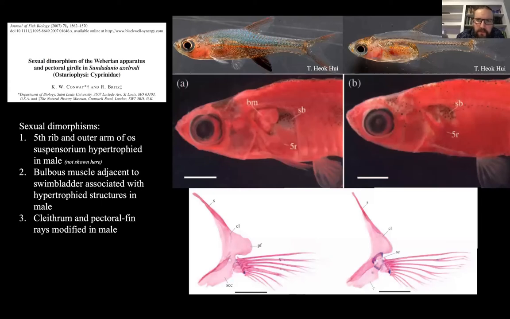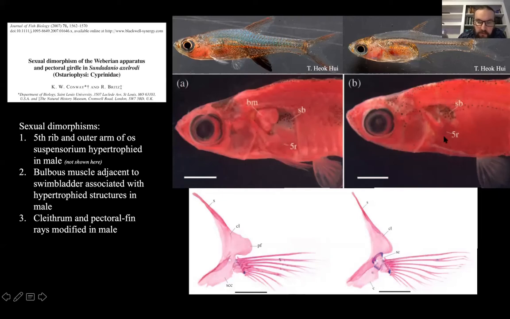And one interesting detail about Sundadanio that we discovered over the years is that there's also sexual dimorphism, internal sexual dimorphism of the hypaxial musculature. This is a male and this is a female. And what you can see here is a very large bulbous muscle, which is modified hypaxial muscle, associated with the swim bladder in the male.